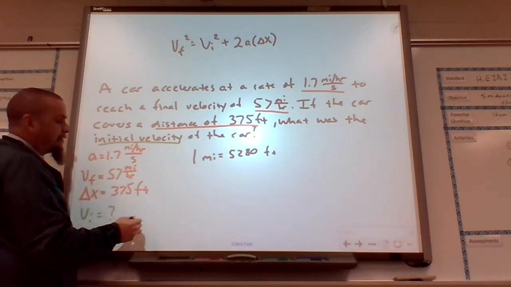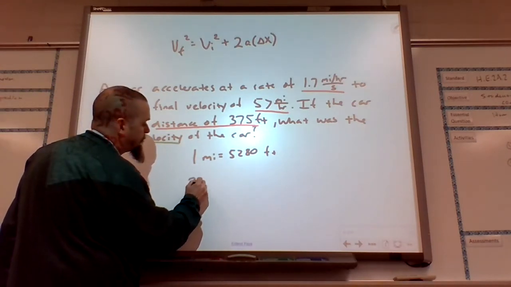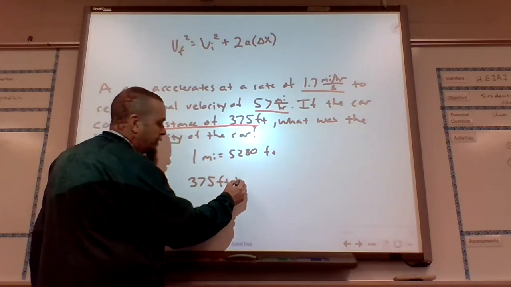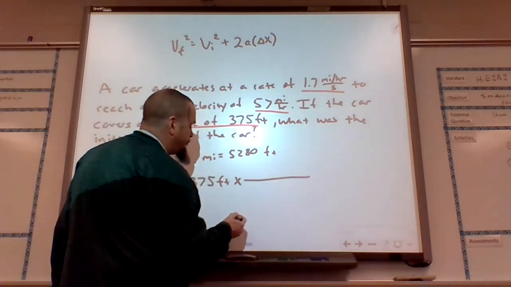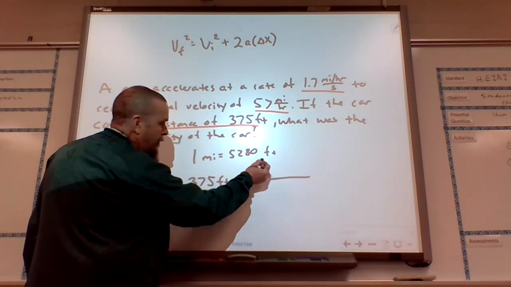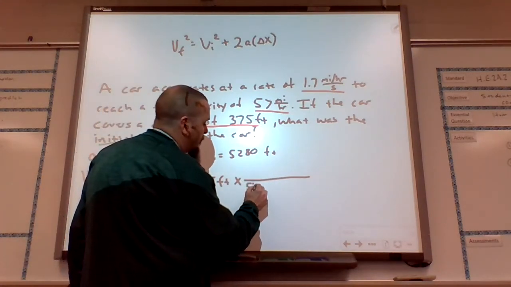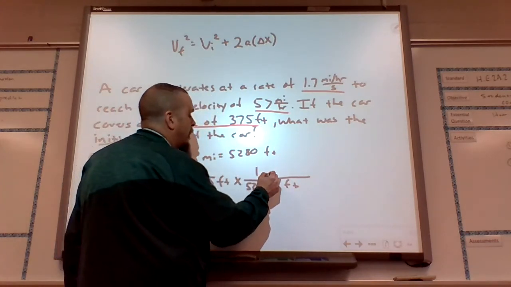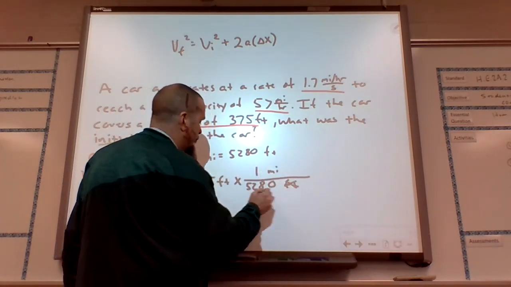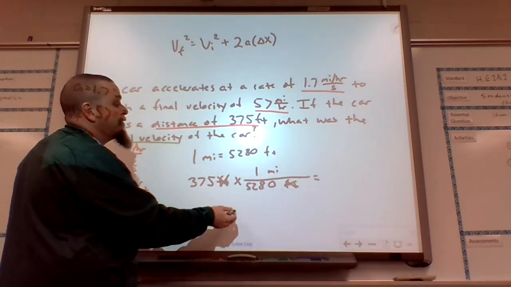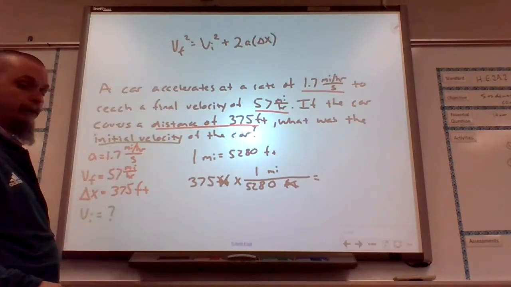I start with the 375 feet times and then a fraction bar. Whatever unit I have here is the one I have to put on the bottom. So the 5,280 goes on the bottom. The 1 mile goes on top. Technically, it's 375 times 1 divided by 5,280.